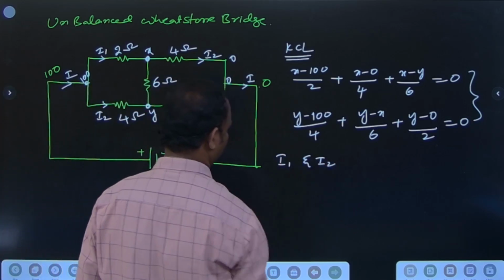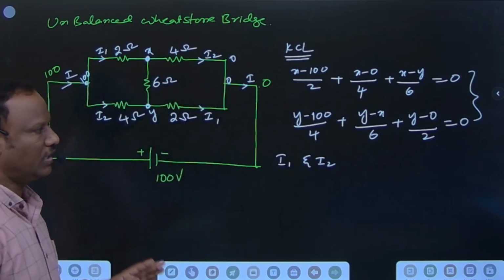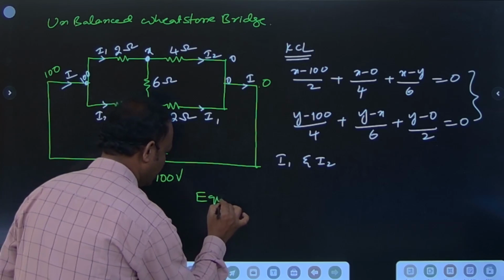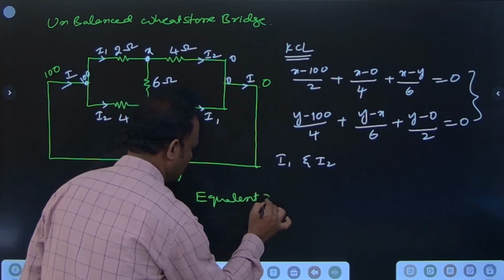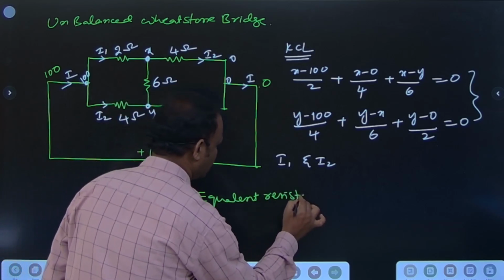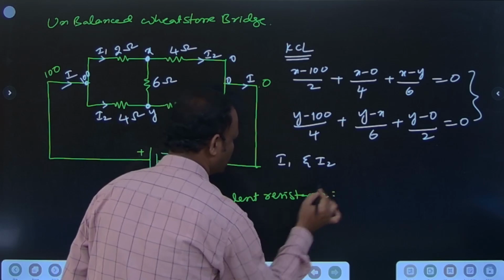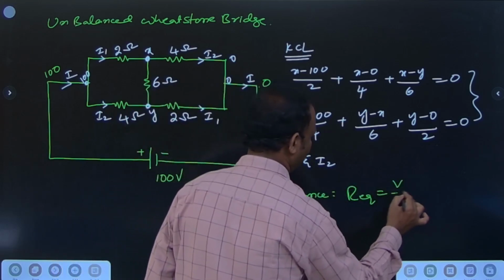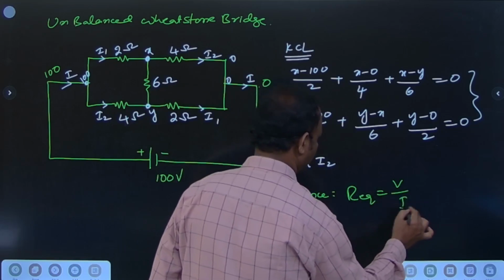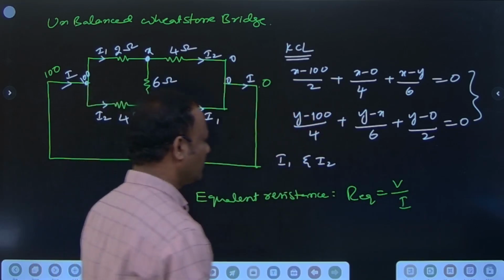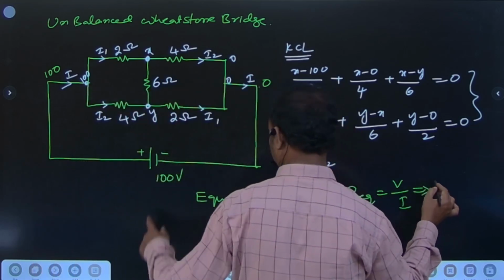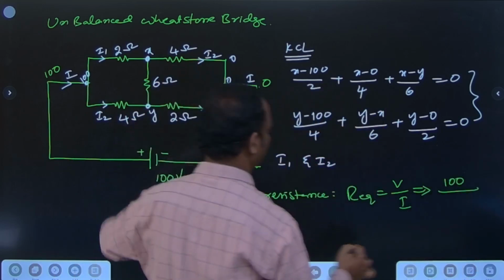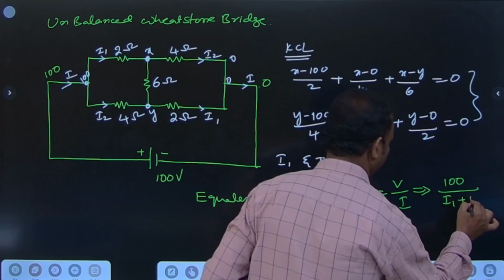Sir, what do you want from this? The equivalent resistance. For the equivalent resistance, V is equal to IR, so R equivalent is equal to V by I, which is 100 by I. I means total current, I1 plus I2.